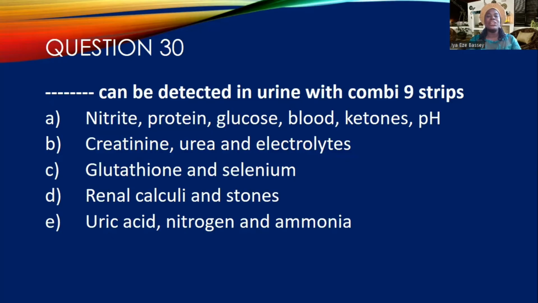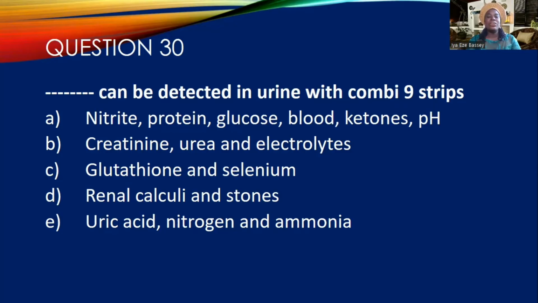Which of the following can be detected in urine with combined strips? You are having a panel of answers. When you have something like this, please look through the answers very, very carefully, because some people may put a panel of correct answers and then insert one wrong one. That invalidates that particular option. So we have A, nitrite, protein, glucose, blood, ketones, pH. Then B, creatinine, urea, electrolytes.